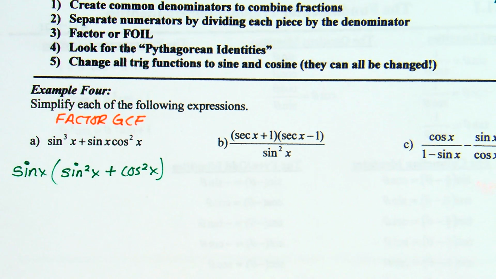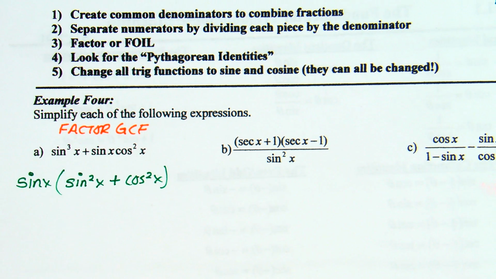Here's where I would go back. If you see something, great. If not, go back and reassess your 5 original thoughts of ways we can simplify. So here's the Pythagorean.